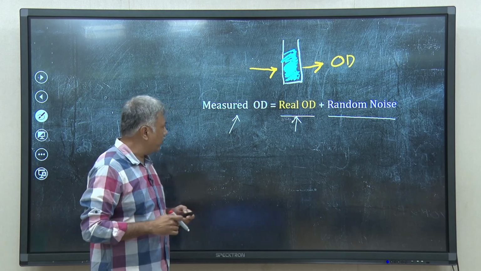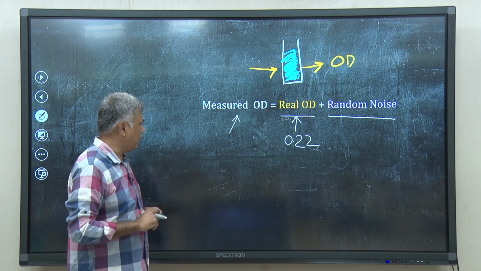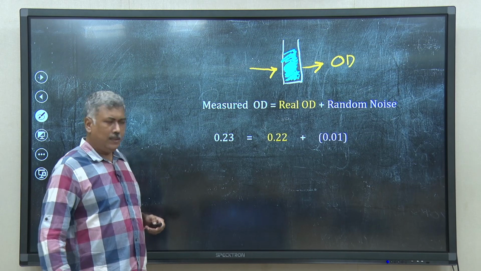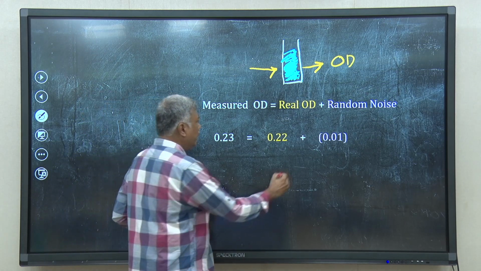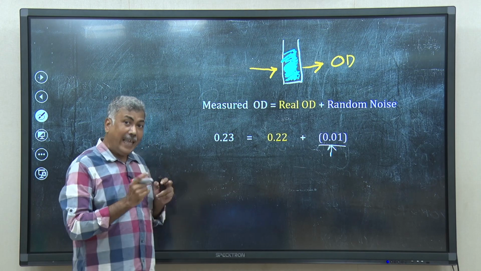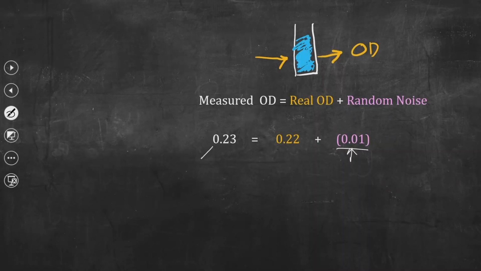For example, suppose the real value of the OD for this particular sample is 0.22, although we do not know, suppose we assume that this is the value. Then, when I make a measurement, suppose in the first measurement the random noise was 0.01, then that gets added to my real value, and what gets reported by the machine is 0.23.